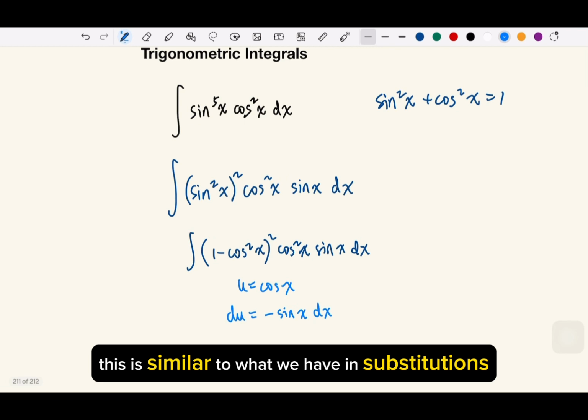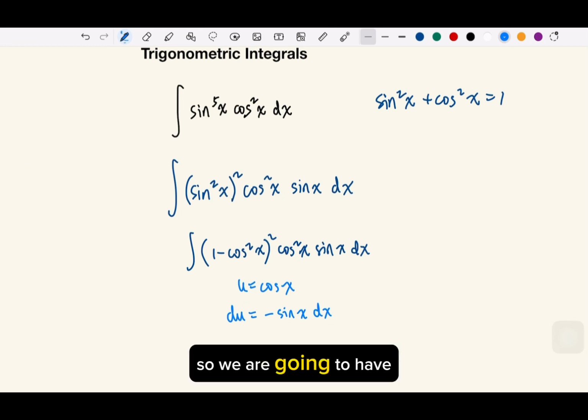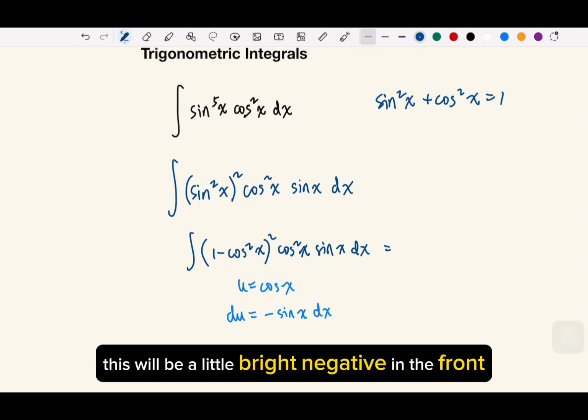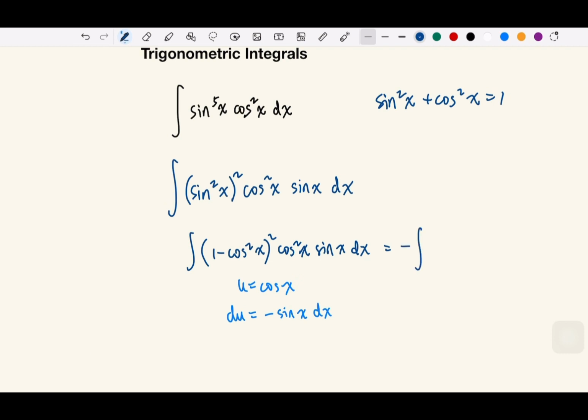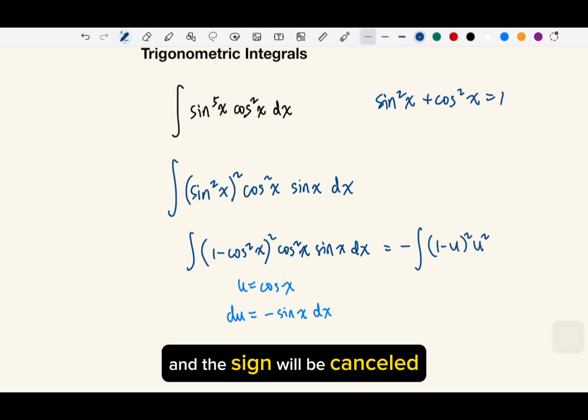Basically, this is similar to what we have in substitution, but more specific to trigonometric integrals. So I will write negative in front. It's actually 1 minus u squared, times u squared, and the sine will be cancelled.